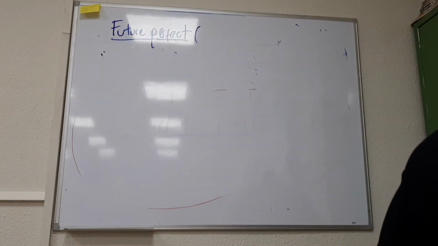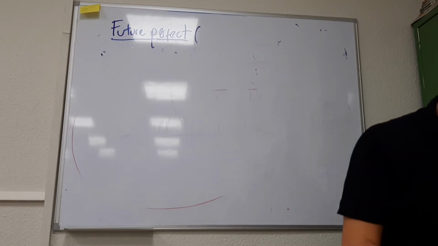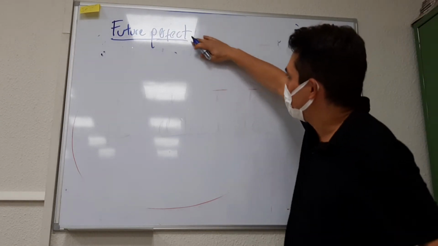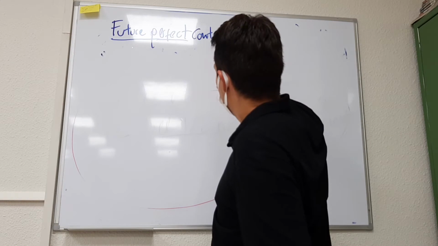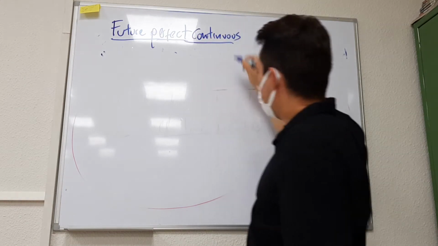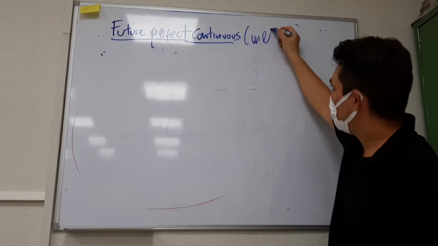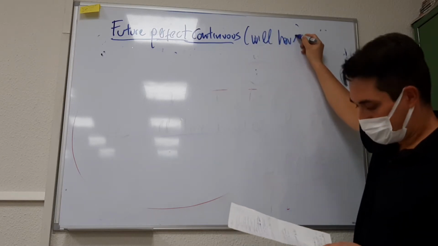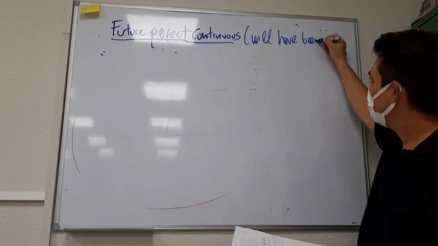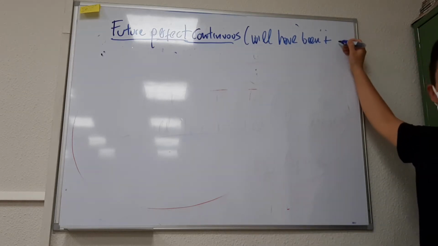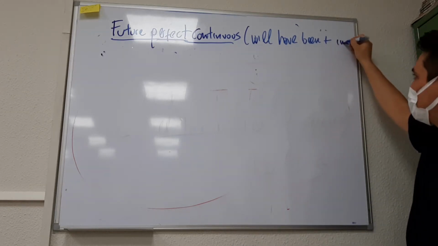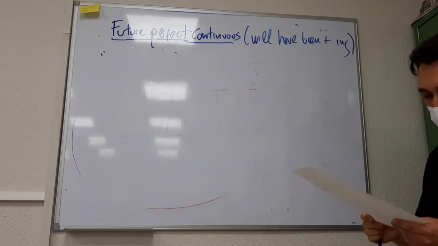Okay, next tense that I want to explain to you is the future perfect continuous. What is the grammatical structure for the future perfect continuous? It's will, have, been, and then ing or past participle? Ing. Very good. So what is the use of this?